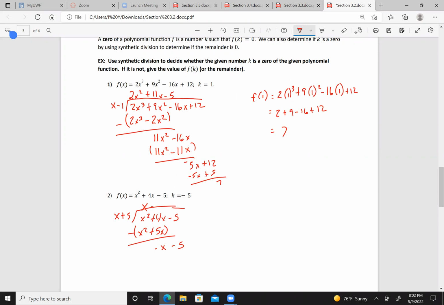So I have negative 1, which gives me negative x minus 5, which gives me 0. And again, we can test this. F of negative 5 is equal to negative 5 squared plus 4 times negative 5 minus 5, which is 25 minus 20 minus 5, which equals 0.